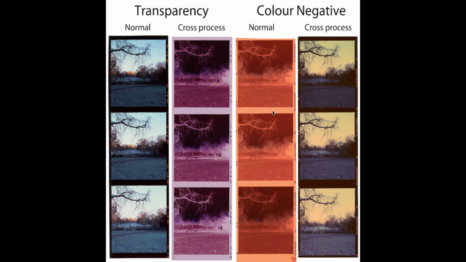And on to the right of it here, this colour negative film has gone through transparency process, so you've ended up with a positive result. So the skies are lighter, albeit they've got this slightly orangey tinge that it's picked up from this base colour that's built into the film.